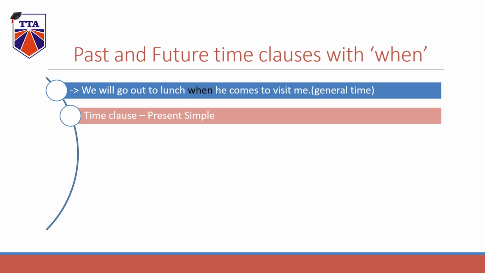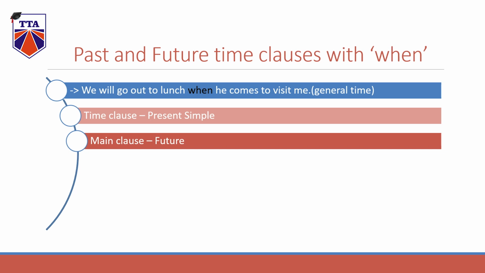When he comes to visit me. The time clause starts with the word when. It has been used in simple present tense. So what will be the main clause? The main clause we will go out to lunch is in future.